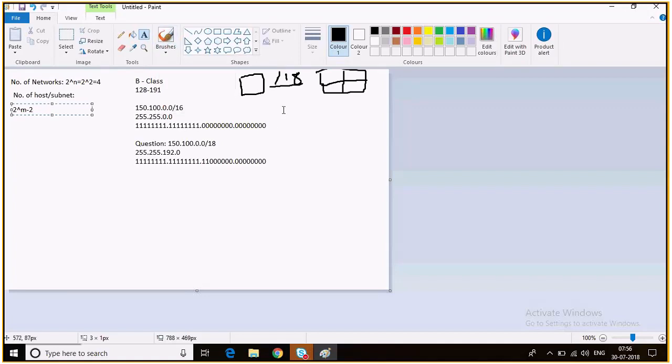This is 2 raised to power m minus 2, where m is equal to the number of remaining zeros. So how many zeros am I left with? To find those zeros, I have to count those zeros from here. There are 6 zeros here and 8 zeros here. I have to add up all these zeros, so the number of zeros that I have is 14.